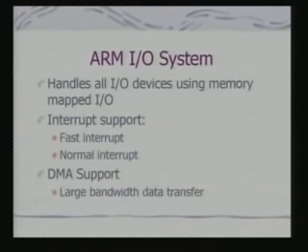In fact, IO systems and IO devices are primarily interfaced through this kind of interrupts. So, I have fast interrupt and normal interrupt that we had already discussed, and they are used for interrupt driven IO processing. And all IO devices are typically located in the memory map of ARM.